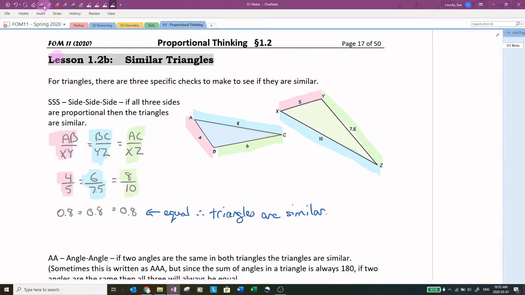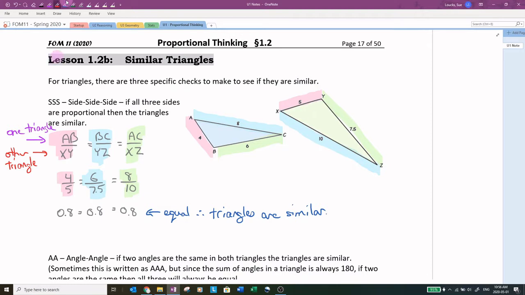Okay, but I also need to point out when you're setting up this proportion, it's really important that the numbers on the top of all of the ratios are from one triangle, and the numbers on the bottom are from the other triangle. Okay, you can't mix those up. It has to be consistent. Doesn't matter whether the bigger one's on top or the smaller one's on top, as long as the bigger one is always in the same place.